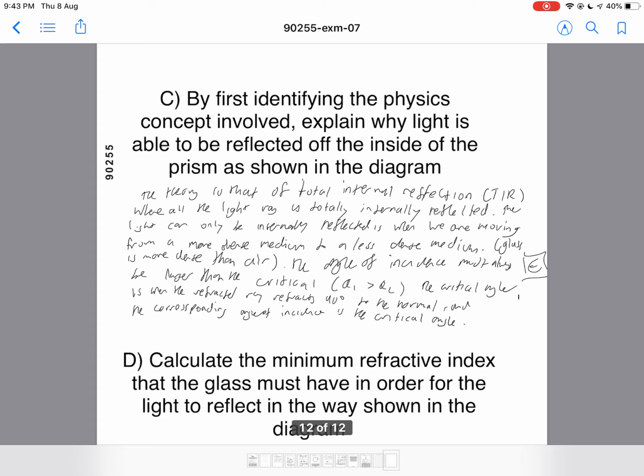This time it gives you your angle of incidence. So basically you're just trying to figure out what refractive index is required for the critical angle, and the angle has to be larger than that, okay?